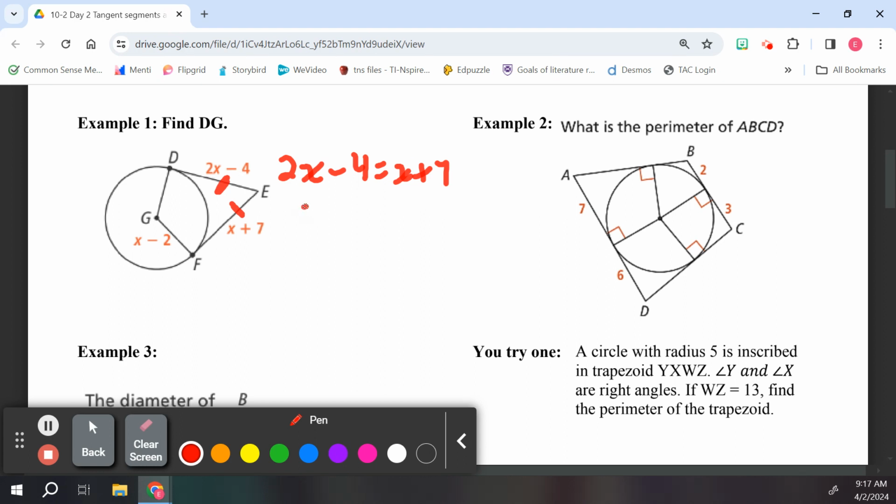So in this case, we're going to get x is equal to 11. Now remember that GF is going to be congruent with DG. So DG equals x minus 2, which is 11 minus 2, which equals 9.